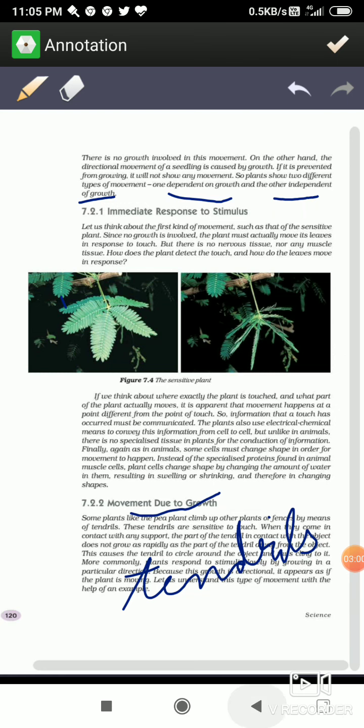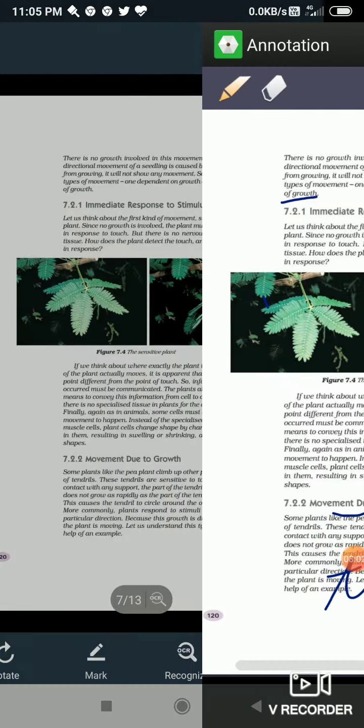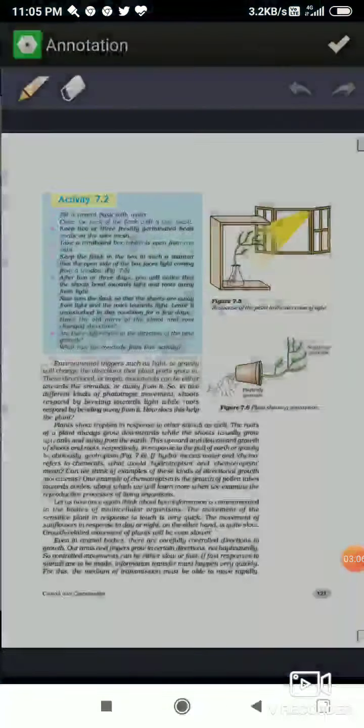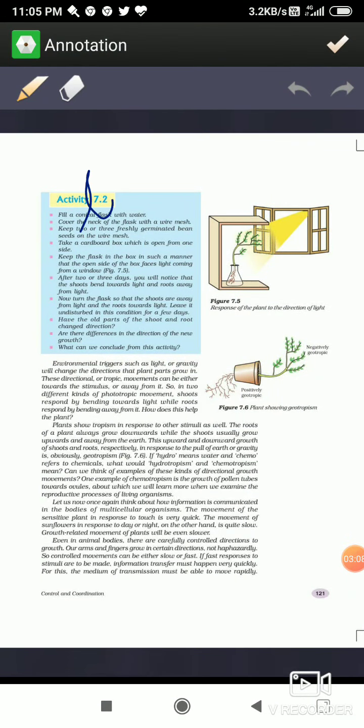These directional movements are also known as tropic movements. These are the movements which are carried out by plants for their growth.